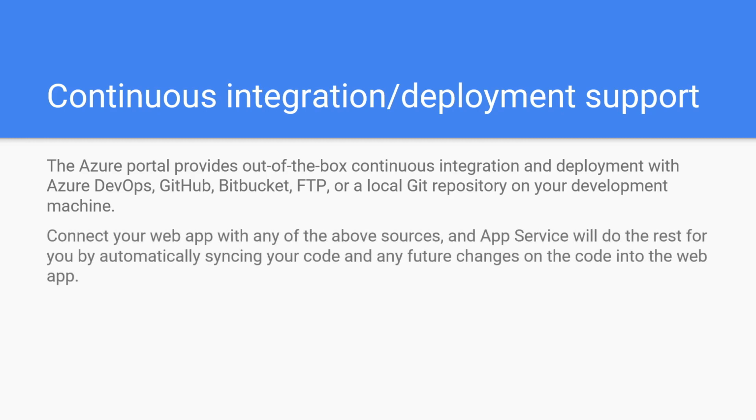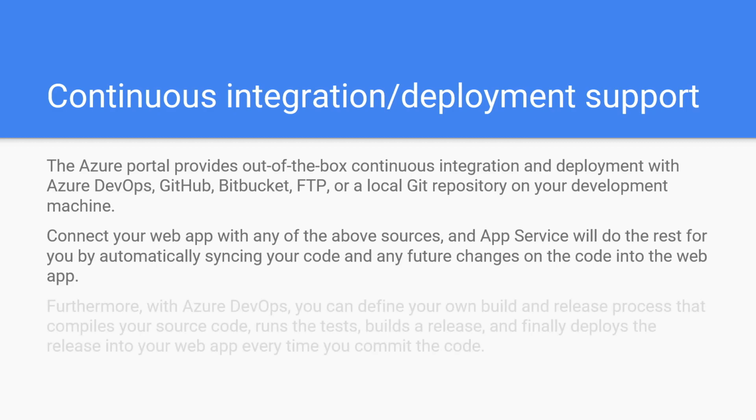So you connect your web app with any of the above sources, and App Service will do the rest for you by automatically syncing your code and any changes on the code into the web app. You can see that here, Azure App Service can make the process very quick and fast. So you don't need to create a pipeline from scratch. Actually, it is a feature within. Okay, you can see that it is a built-in feature.